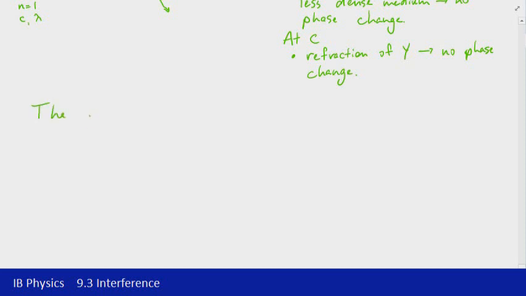So the path A to B to C is going to be twice D, so is 2D.